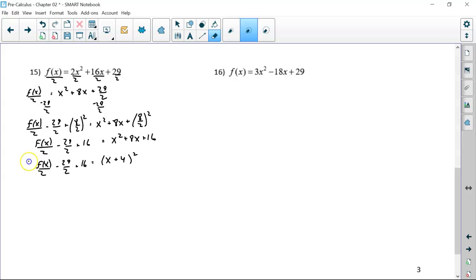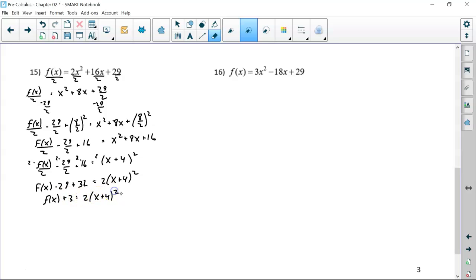So what I can do is multiply each term by 2. Once, twice, 3 times on the left-hand side, and then on the right-hand side, multiplying by 2 again. So I get f of x minus 29 plus 32 equals 2 times the quantity of x plus 4 squared. I told you not to worry about the fraction. The fractions are gone. f of x plus 3 equals 2 times the quantity of x plus 4 squared.